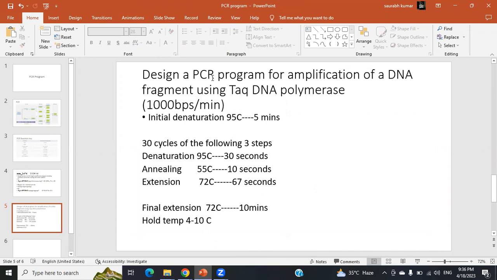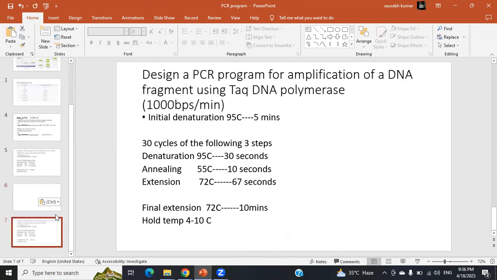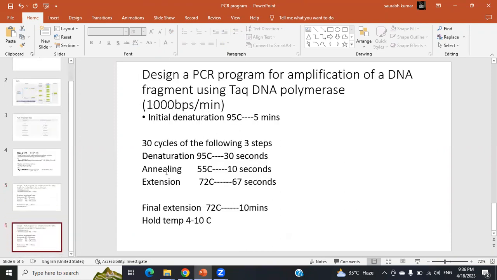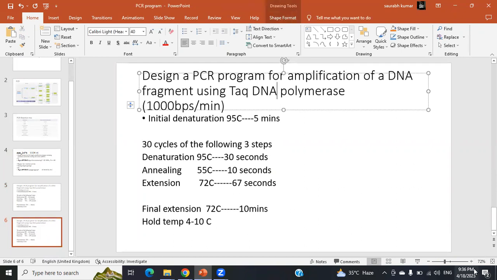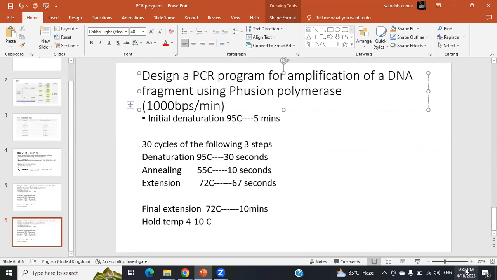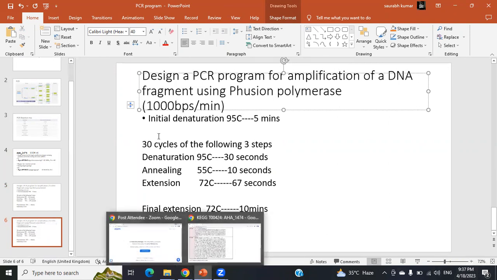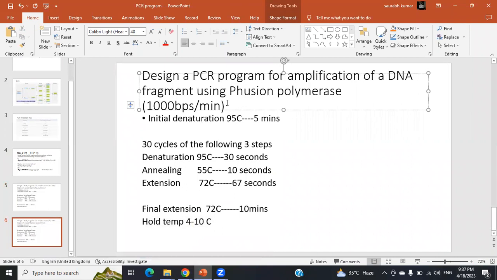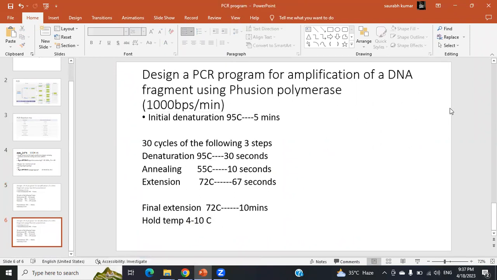Now, this is when we do the amplification using Taq DNA polymerase. However, if we want to do the amplification using the other enzyme, let me change the question, using the other enzyme, that is fusion polymerase. So when do we make use of fusion polymerase and when do we make use of Taq polymerase?